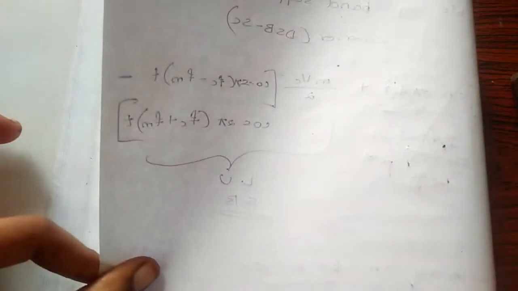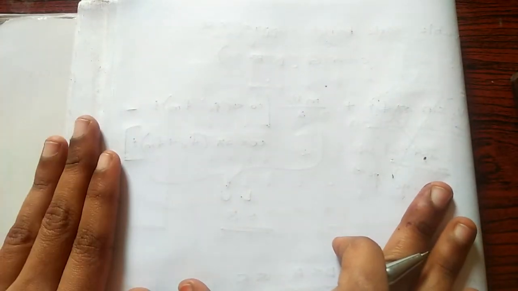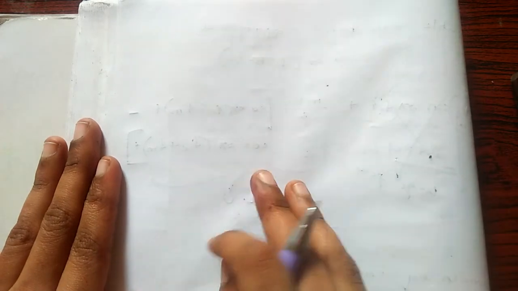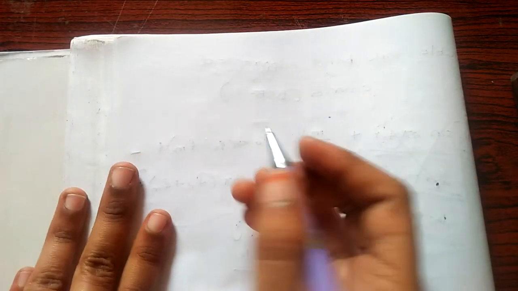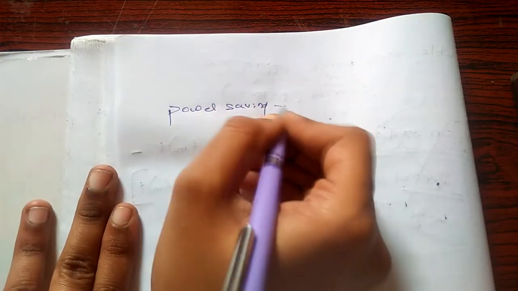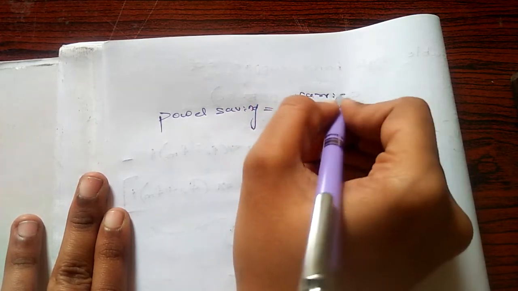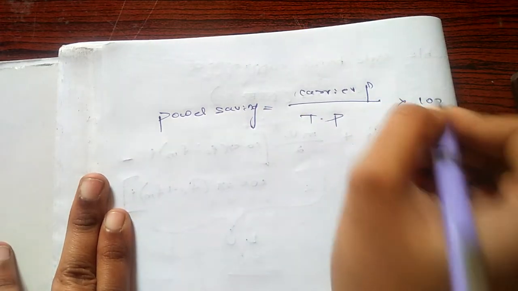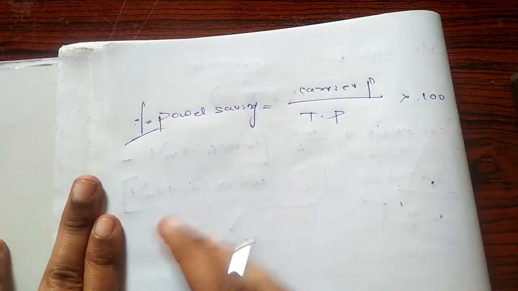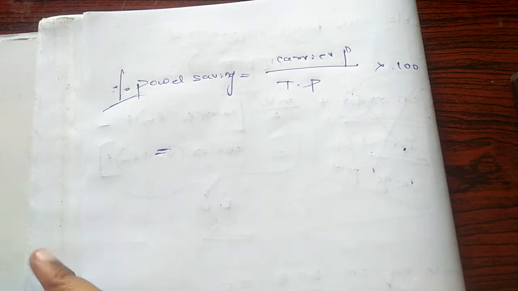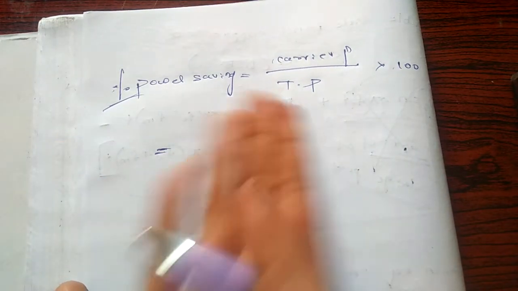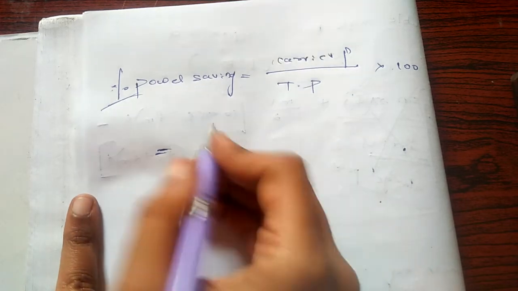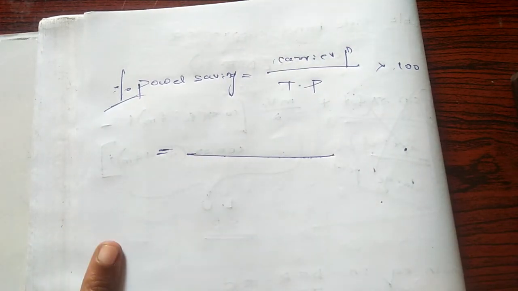And next one. How much power do we save in the DSBSC? It is nothing but the power that is consumed by the carrier, isn't it? Then power saving is equal to carrier power by total power into 100 if it is in terms of percentage. In the last video we derived the equation for the total power, right?